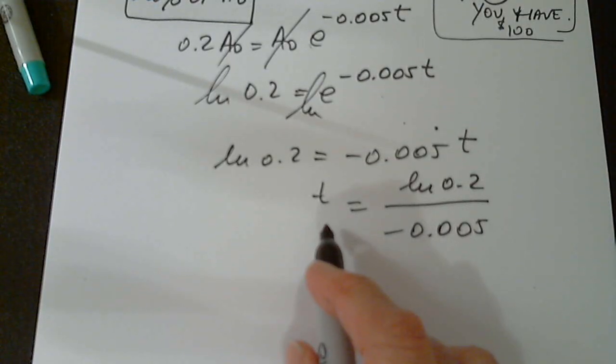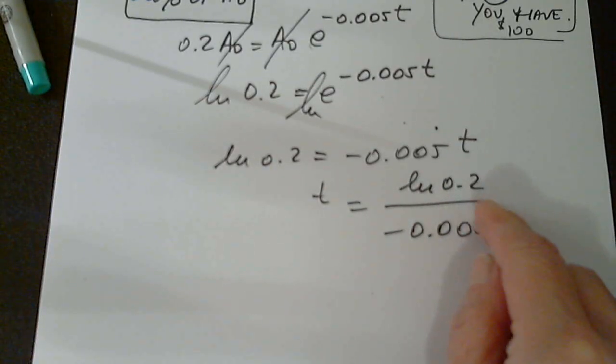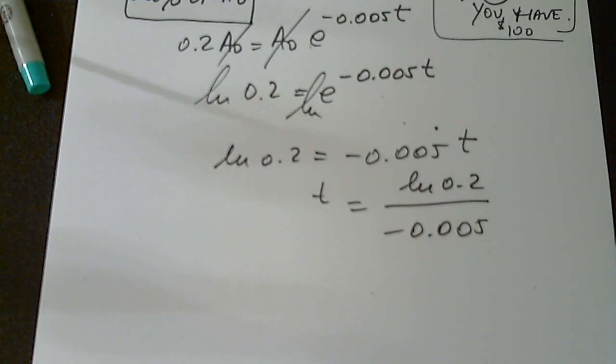Make sure t is never negative. So careful. You have to put parentheses around the denominator because it's a negative number, so you incorporate that. The numerator is natural log of 0.2, and we divide by, in parentheses, negative 0.005.